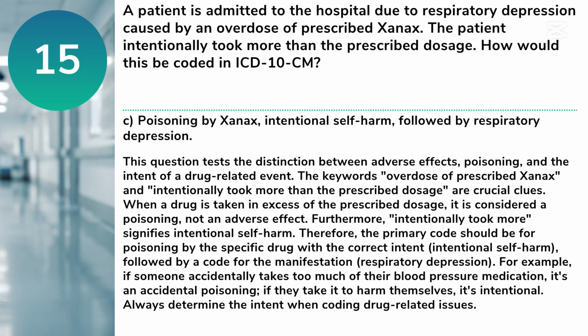Furthermore, intentionally took more signifies intentional self-harm. Therefore, the primary code should be for poisoning by the specific drug with the correct intent, intentional self-harm, followed by a code for the manifestation, respiratory depression. For example, if someone accidentally takes too much of their blood pressure medication, it's an accidental poisoning. If they take it to harm themselves, it's intentional. Always determine the intent when coding drug-related issues.